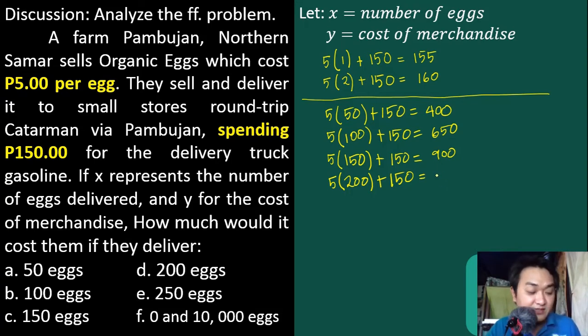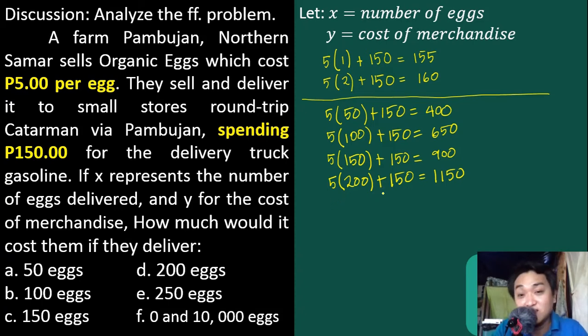So 5 times 200 plus 150 is equivalent to 1,150. Okay, 200 times 5, 1,000. Okay, tama. Let's say, nag-deliver tayo ng 250 eggs.